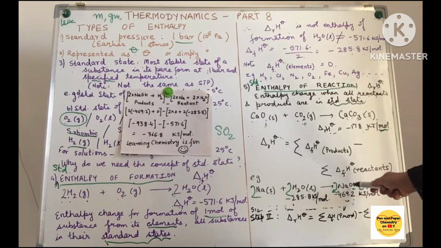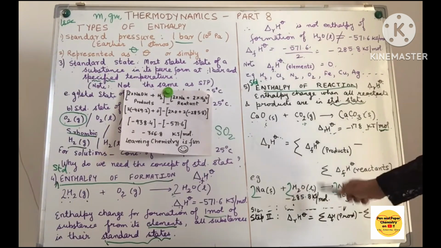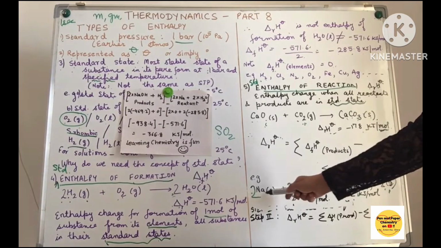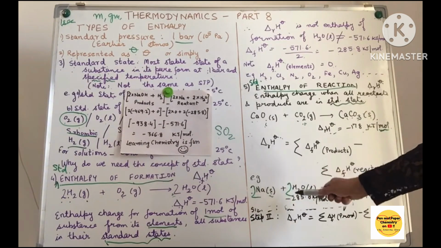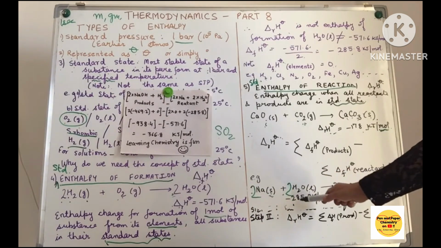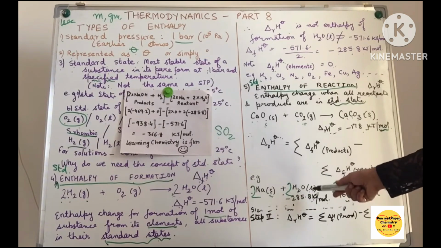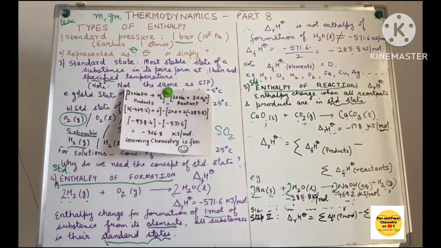So 2 times the enthalpy of formation of sodium hydroxide plus that of hydrogen, which is 0, minus 2 times the enthalpy of formation of sodium, which is again 0, plus 2 times the enthalpy of formation of water. Again, whenever I'm using the term enthalpy, it means standard enthalpy. So the enthalpy of formation of water is negative 285.8.